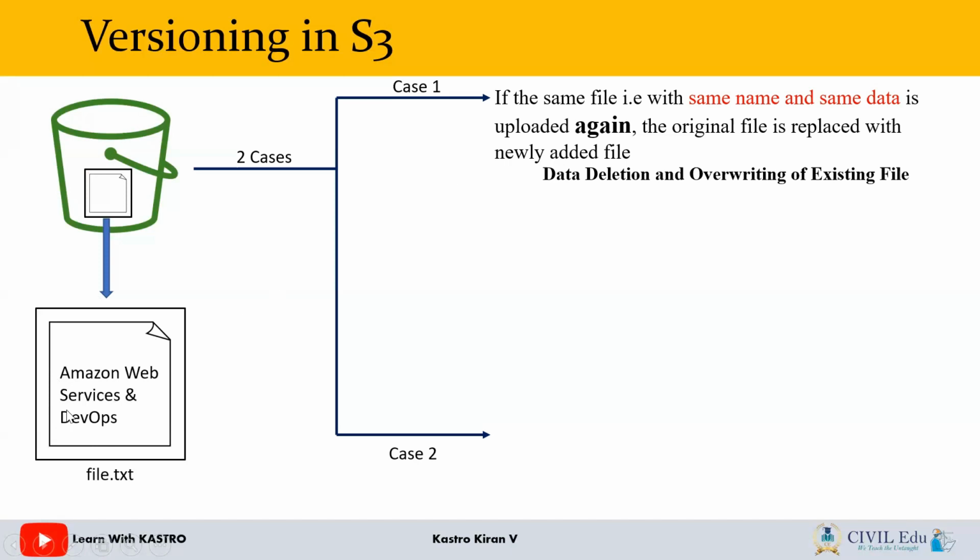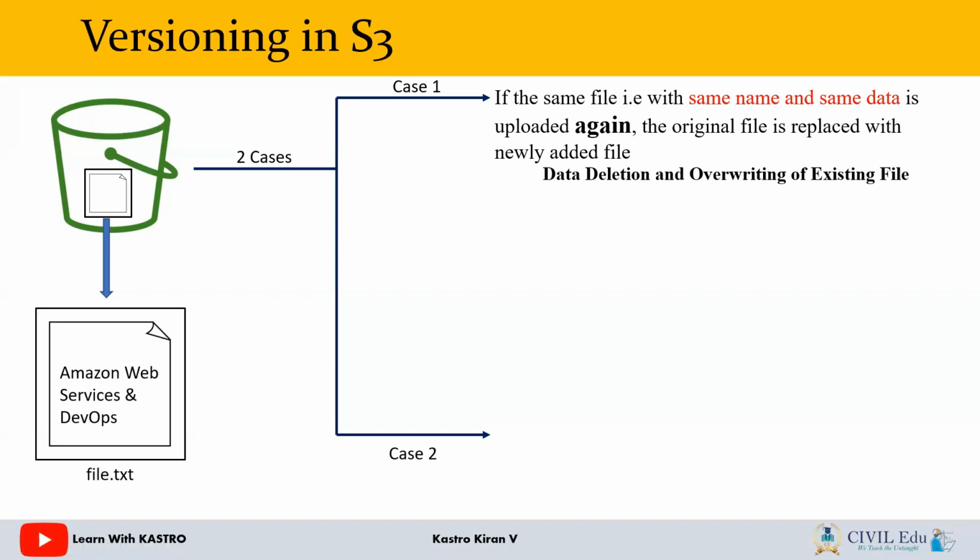However, what we need to understand from case one is that whenever we upload an object with the same name and the same content, the original object will get replaced with the newly added file. So the problem is that data deletion and overwriting of the existing file will happen. Here, since the file name and the content in both scenarios are the same, there is no problem with that.